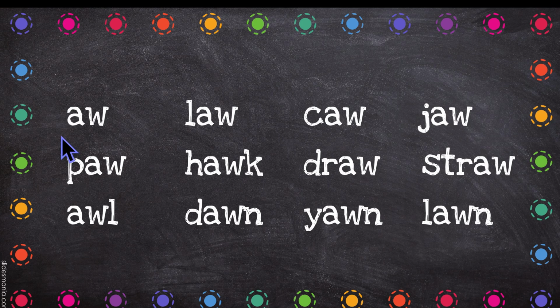Let's practice with our other new sound for this lesson. Ah. Repeat after me. First, we will sound it out slowly, and then we will say it fast. You try before I say it. Ah, law. Ah, caw. Ah, jaw.